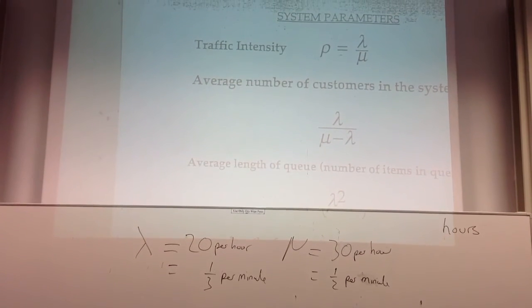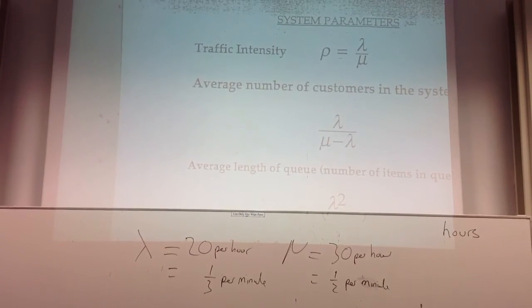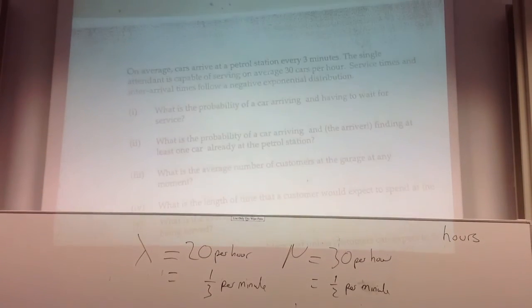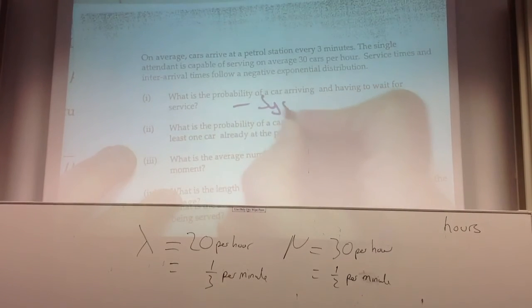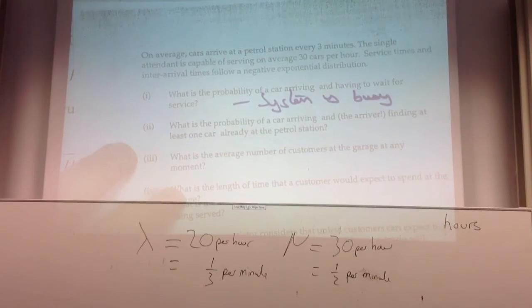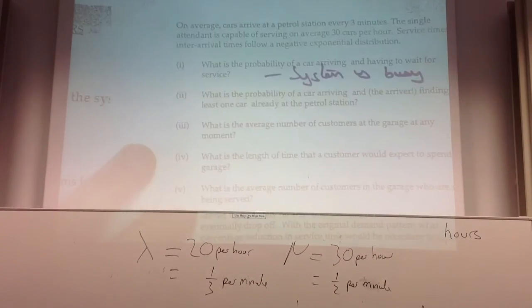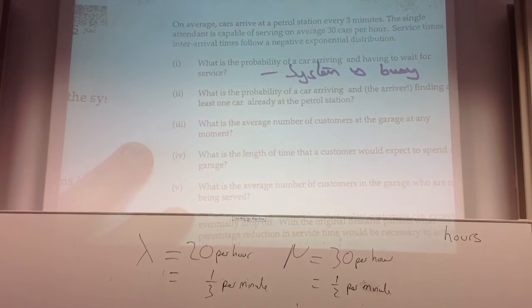And arriving and having to wait, another way of saying that is that the system is busy. That is what that is asking. Is the system busy when you arrive? Okay? So that's what that question is saying.